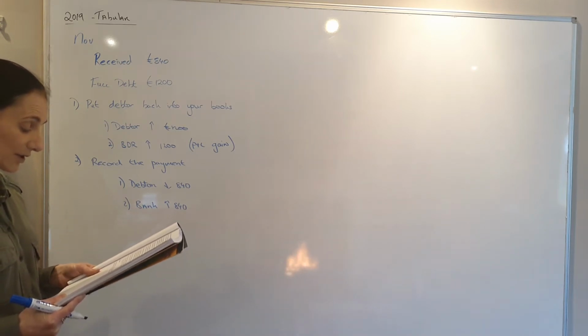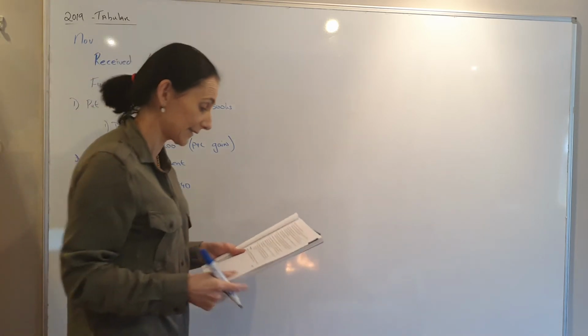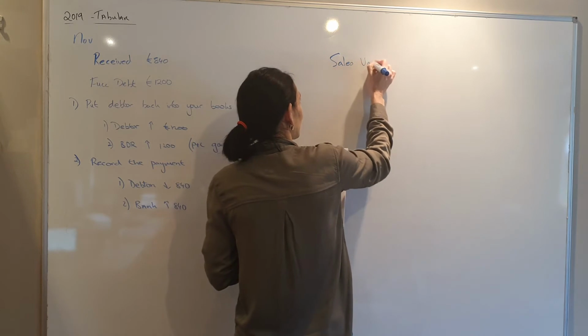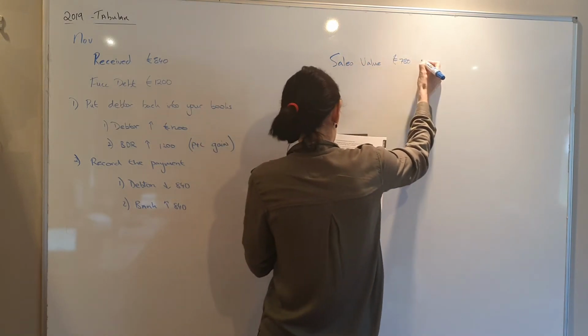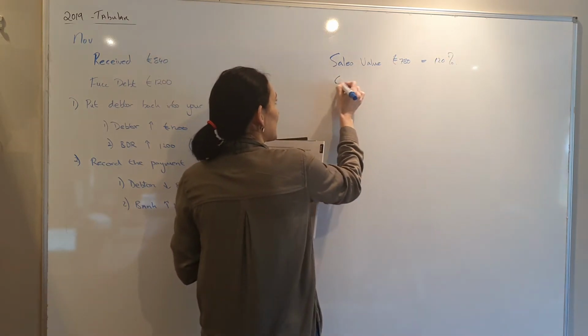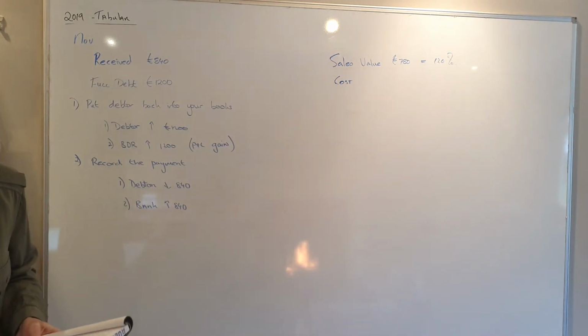On the same day, goods to the value of 780 were sold. This was a markup and cost of 20%. Okay, so the sales value is 780. And that has been marked up by 20%, so that represents 120%. So the cost for you of these goods, you need to get 100% to get your cost.